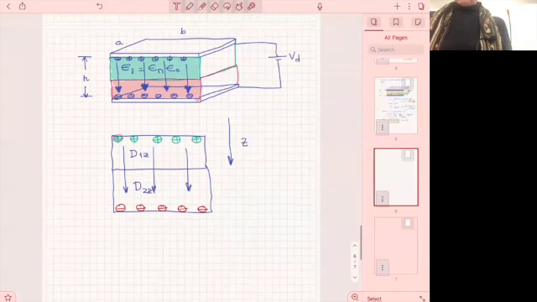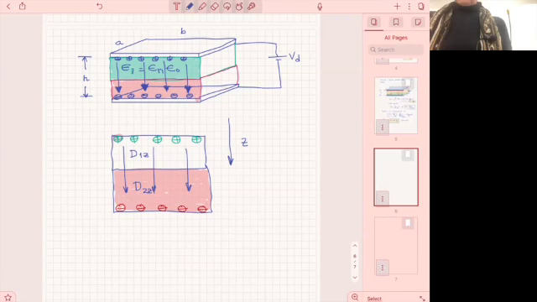What do we know from the boundary conditions that we just talked about? What happens at the interface? These two are continuous. So the perpendicular components of D at the interface are continuous.